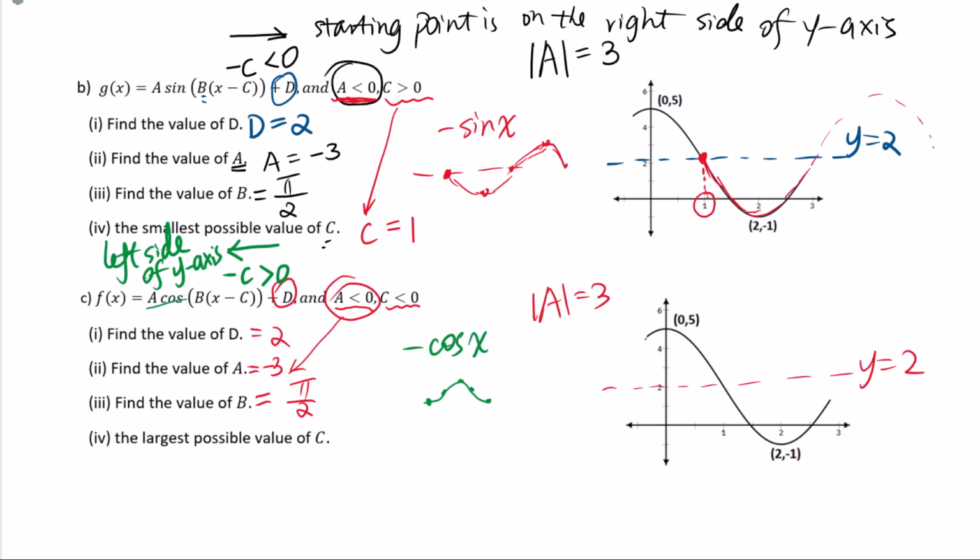Let's extend this graph. So this will be negative 1, negative 2, and negative 3. Then go to the midline. Here is a minimum point. Draw the pattern, minimum point. So we can sketch the graph like this.